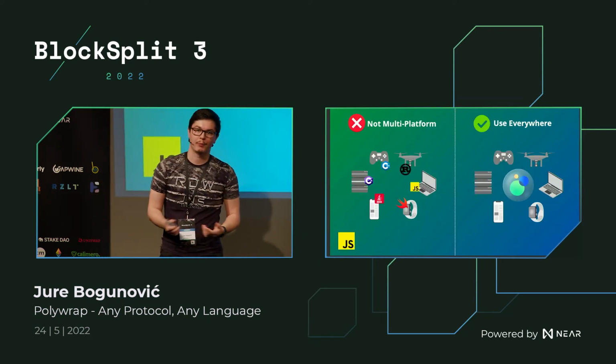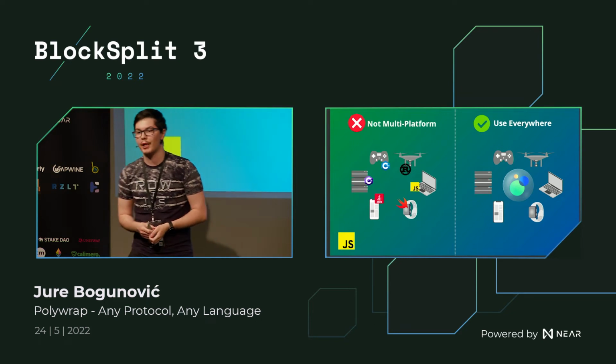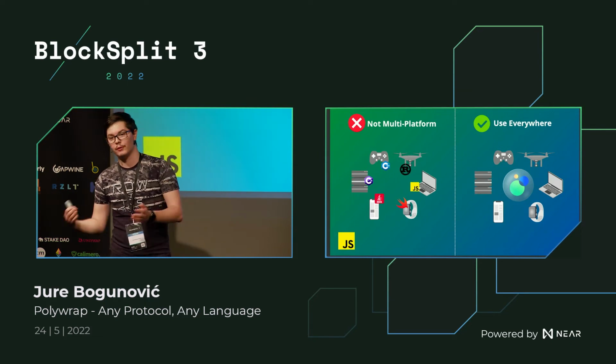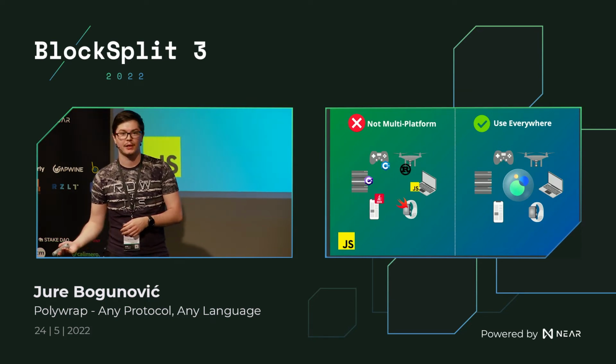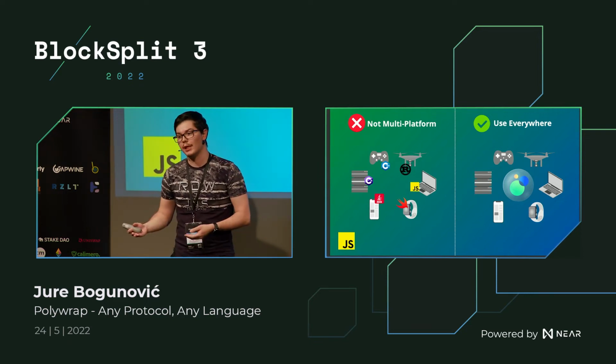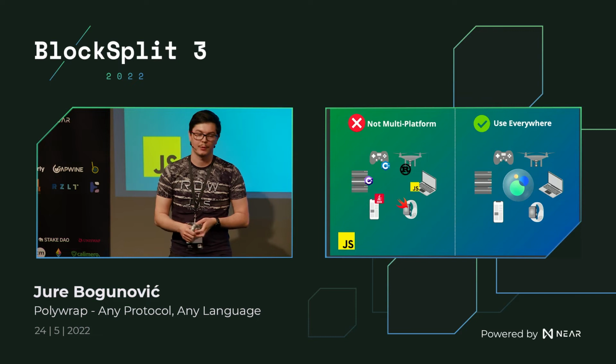So going point by point with the earlier drawbacks of traditional SDKs. Traditional SDKs are not multi-platform. With Polywrap, you can use your SDKs everywhere. You can write SDKs in almost any language. So Go, Rust, AssemblyScript.